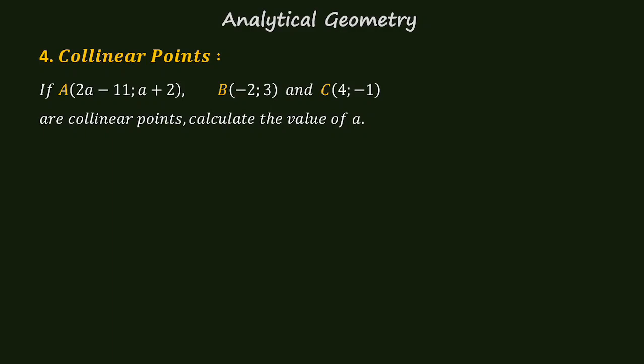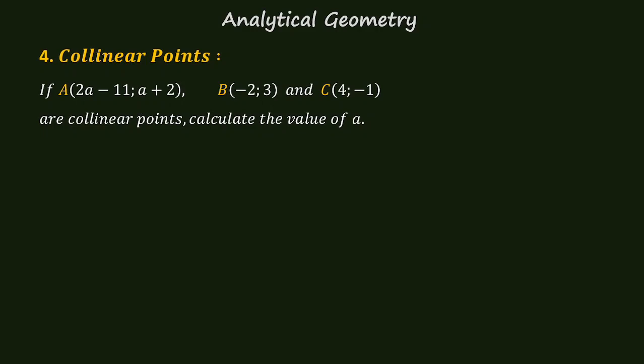Because they lie on the same straight line, if you pick any 2 points there, they will always give you the same gradient. So if I calculate the gradient of AB and compare it with the gradient of AC, I'll always get the same value. If I calculate the gradient of BC and compare it with the gradient of AB, it will always give me the same gradient.